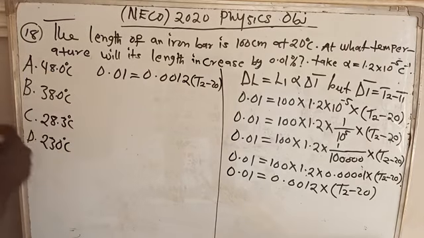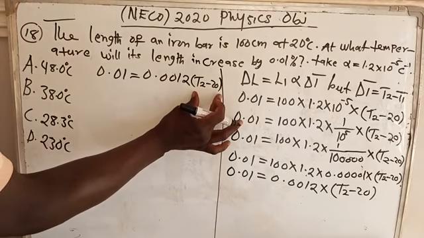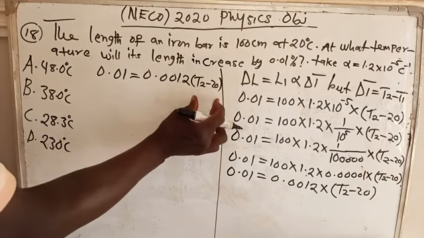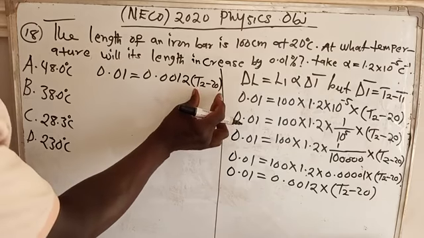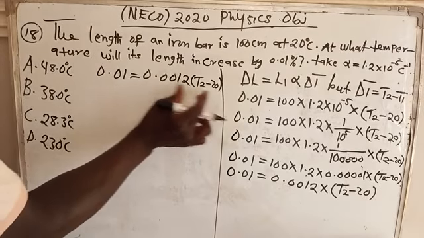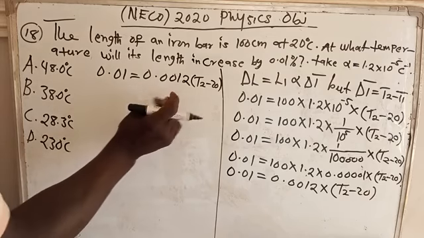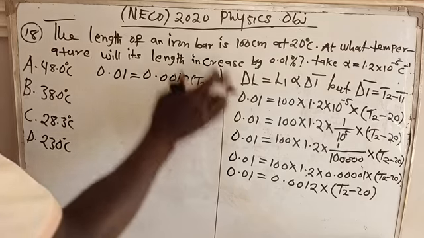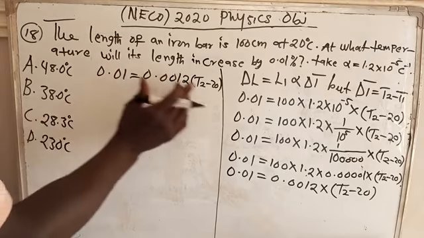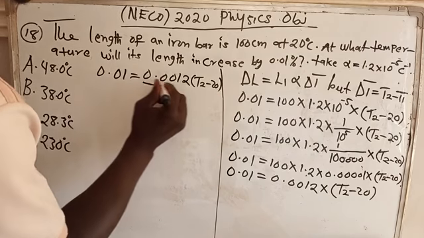If you look at what we have in this bracket, T2 minus 20, 0.0012 is the coefficient of the bracket. So we are going to divide the right hand side and the left hand side by the coefficient of this bracket, which is 0.0012.